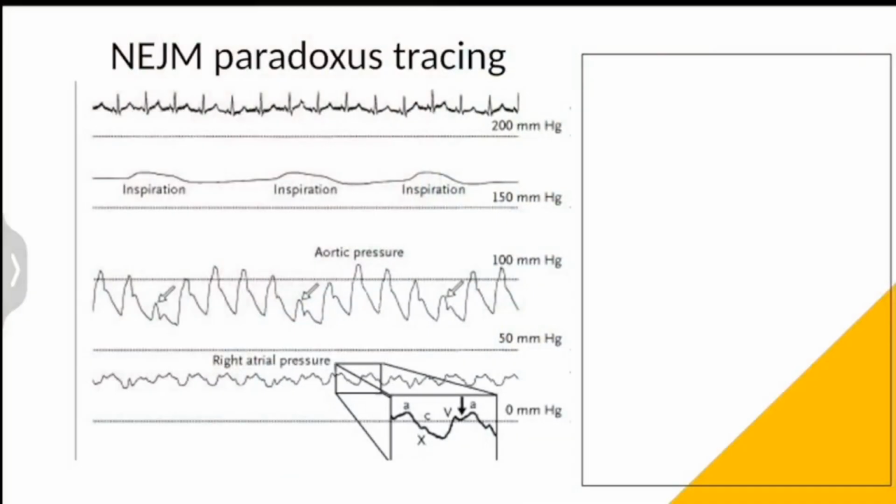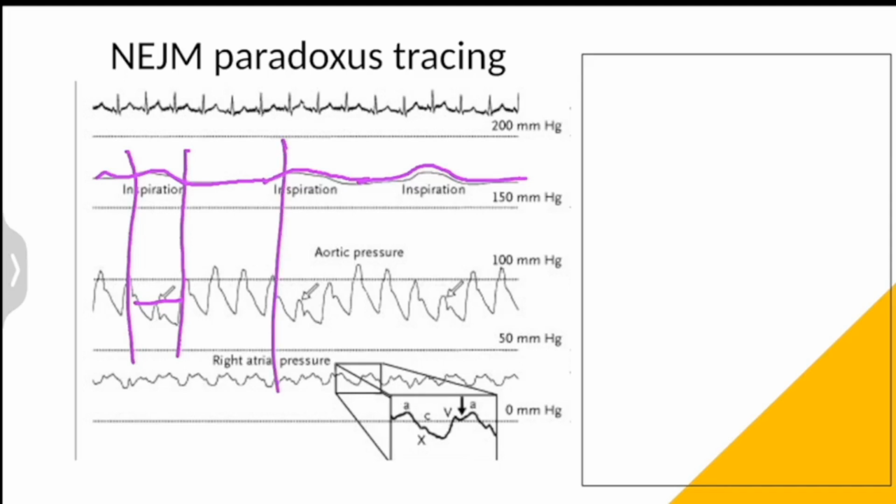So now we look into a pulse tracing of Pulsus Paradoxus that came in the New England Journal of Medicine. So here you can see this is the phase of expiration, then expiration and inspiration. And here you can see that during inspiration the BP is coming down. So BP is low. During expiration the BP is high.